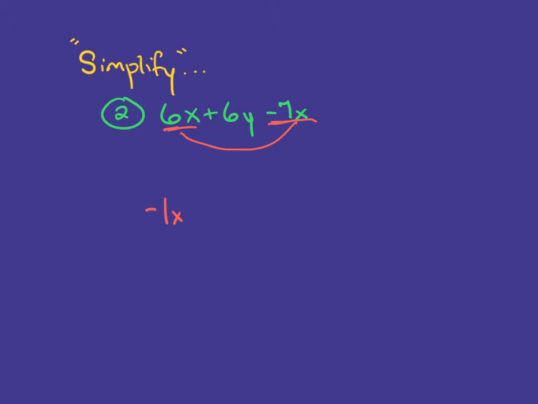And then that 6y doesn't have another like term to go with it. So it'll just stay 6y. And if you remember what I said on the last example, we're going to leave 1 off in front of a variable. You do still want the minus though. So this is negative x plus 6y.